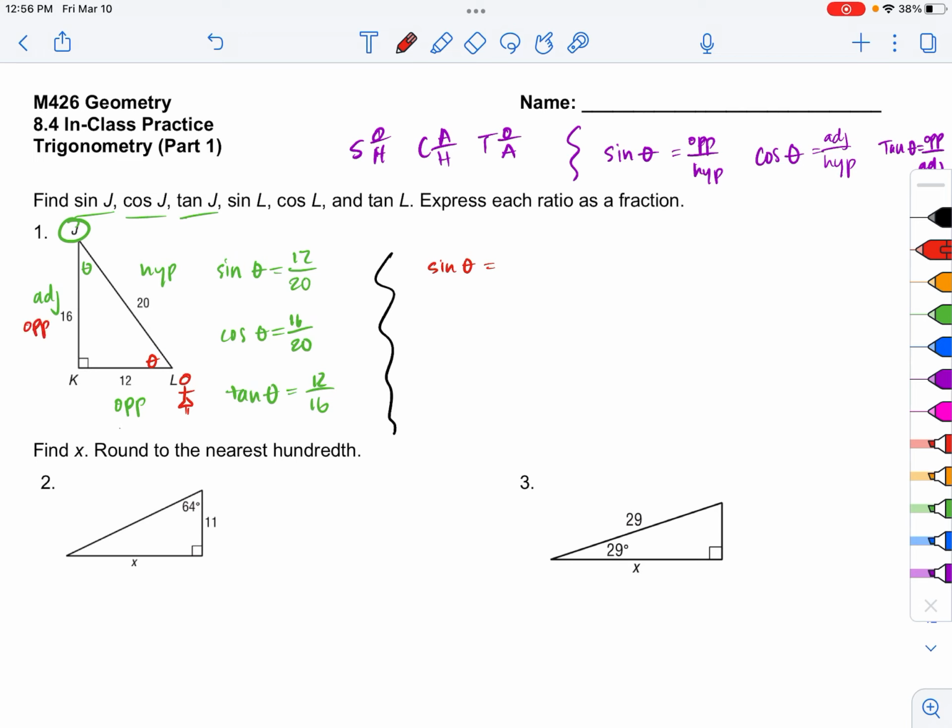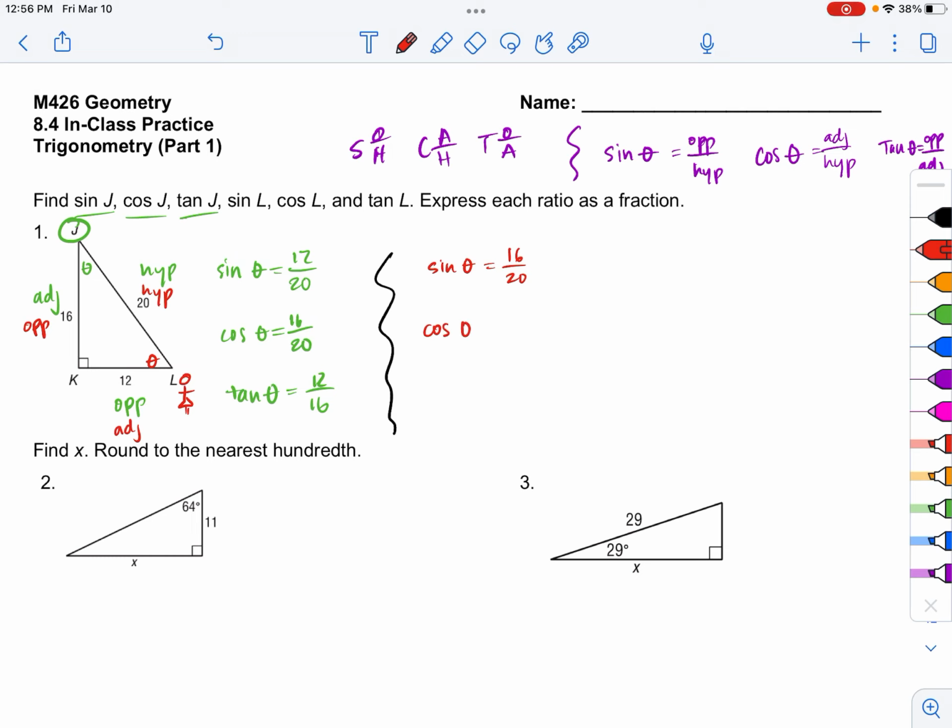And the adjacent side now is the 12. Hypotenuse still stays the same. So doing this accordingly from this new perspective, opposite over hypotenuse is 16 over 20.